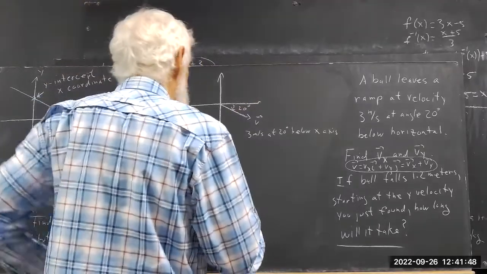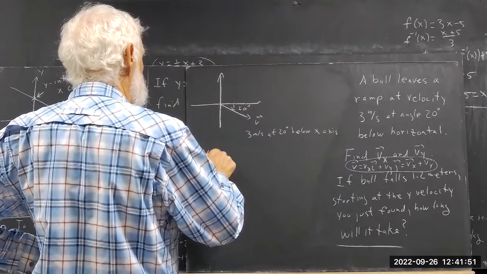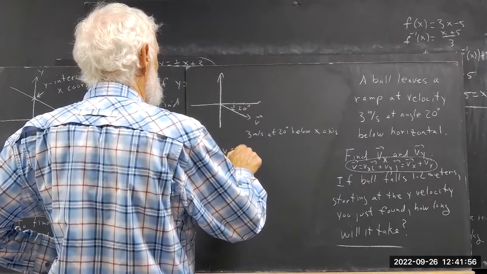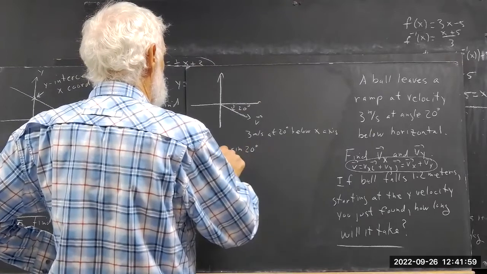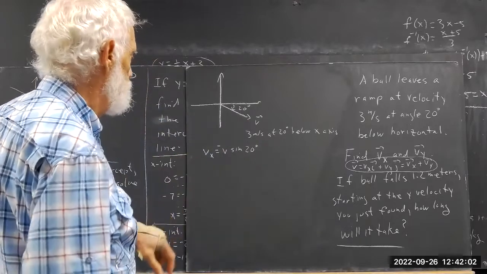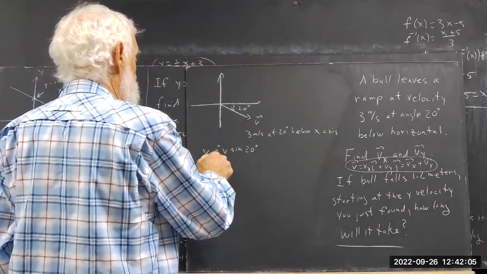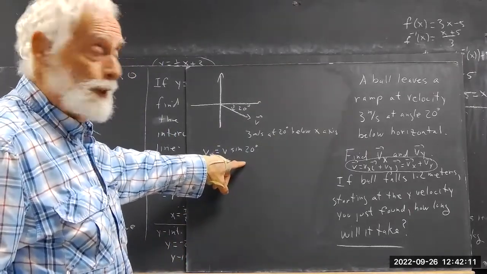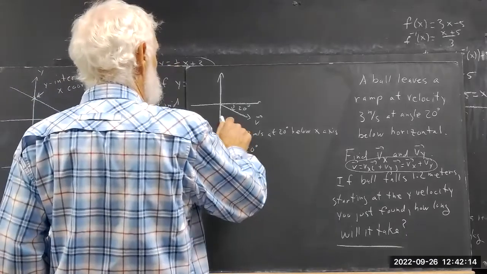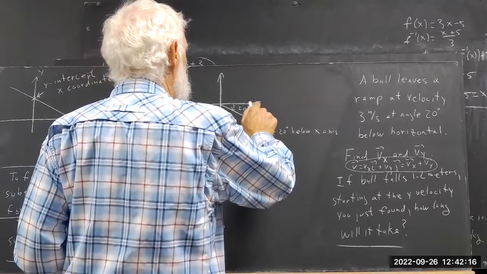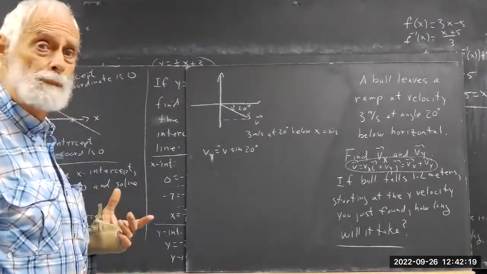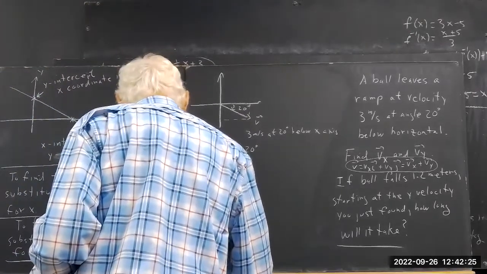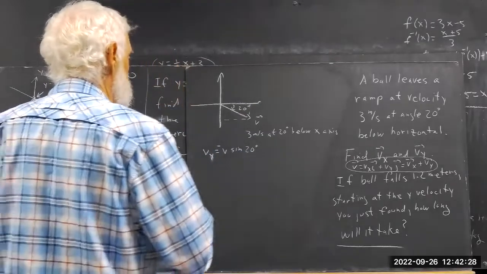So you're going to immediately get vy, and that's the one we really want, which is negative v times the sine of 20 degrees. It's negative because, obviously, when you draw this, you want to reinforce what it means. And I'm not sure I saw everybody do that. So I'm really encouraging you to do it.